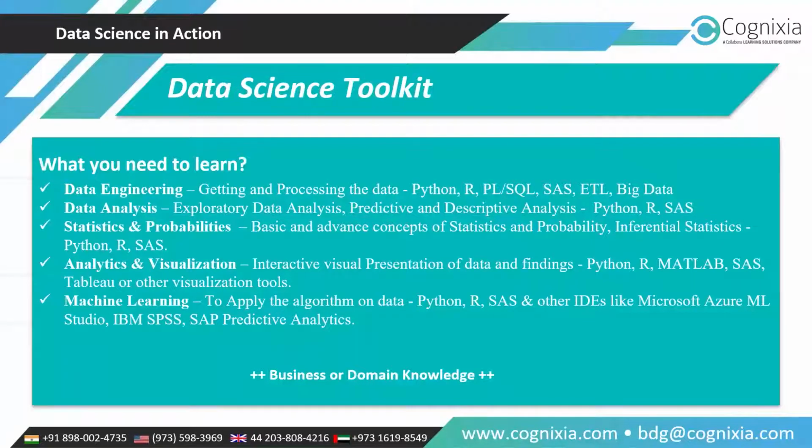Yes, without statistics and probability knowledge, you will definitely not become a good data scientist. But it is not that you have to know the entire statistics and probability. No, no. There are some specific areas and concepts of statistics and probability which are required for machine learning and data scientists, not the entire subject.